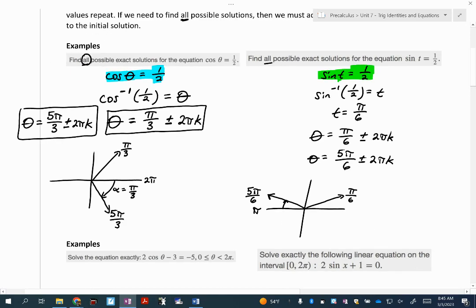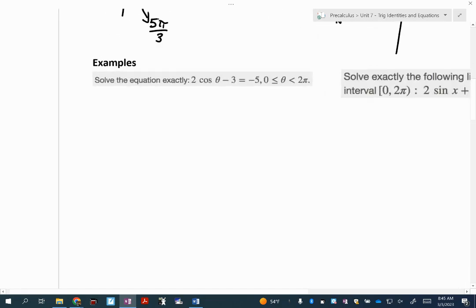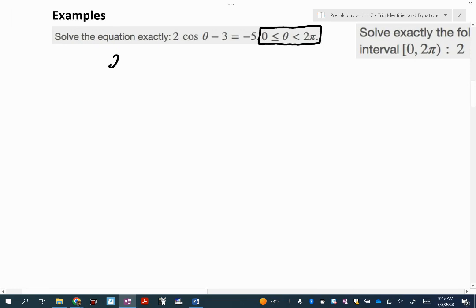Okay, now let's go to the next one. Now it's going to narrow down for us, which is kind of nice. We don't have to find all of them. This part at the very end tells you that we're trying to find our thetas between 0 and 2 pi. So essentially I'm going to isolate: 2 cosine theta minus 3 equals negative 5. Let's isolate cosine of theta.